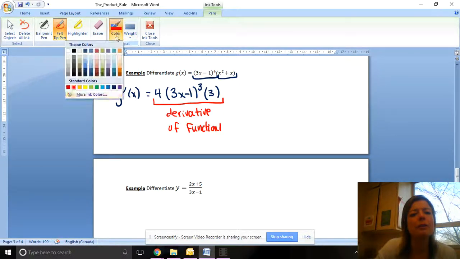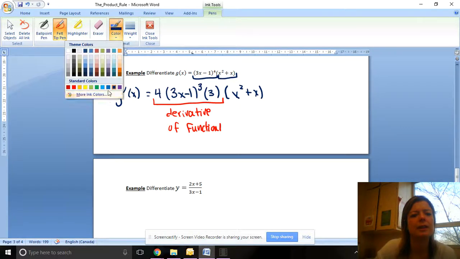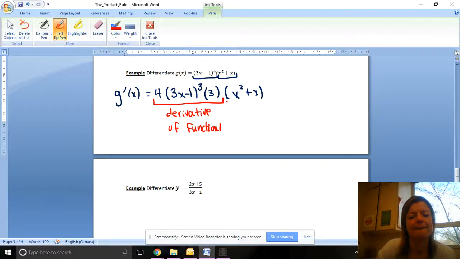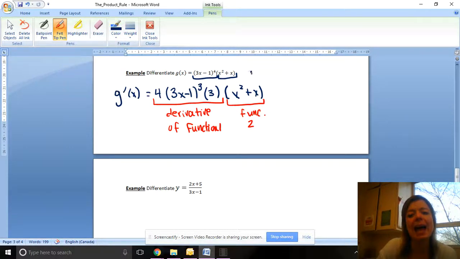Now remember, because it's a product rule, we multiply that by just this normal function, function 2. And now remember, we add just normal function 1.